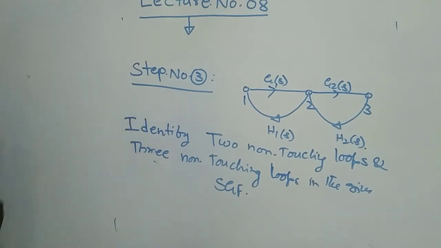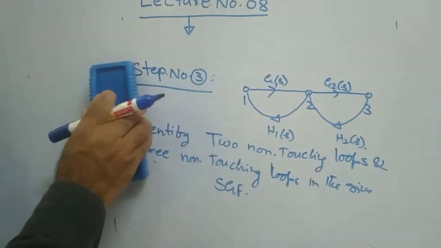If these loops are there in the given problem, you will definitely understand how to solve while solving the problem itself. I will explain it better while solving the problem. So right now just remember, in step number 3 you have to find out whether any two non-touching loops or three non-touching loops are available or not. That much only you have to identify.